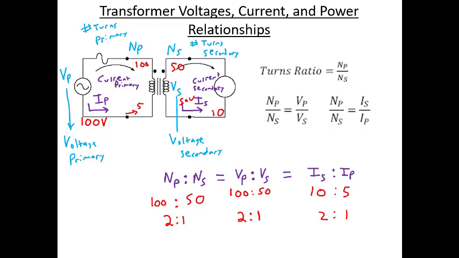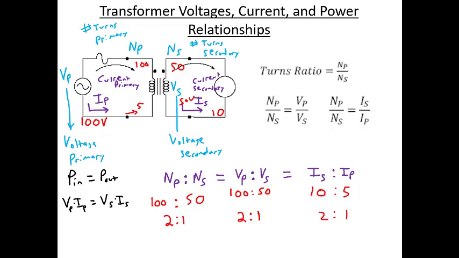So when we solve these problems, the basic formula that we're going to use is that the power in has to equal the power out. And so that means if we have current and voltage of the primary, that has to equal the current times the voltage in the secondary.